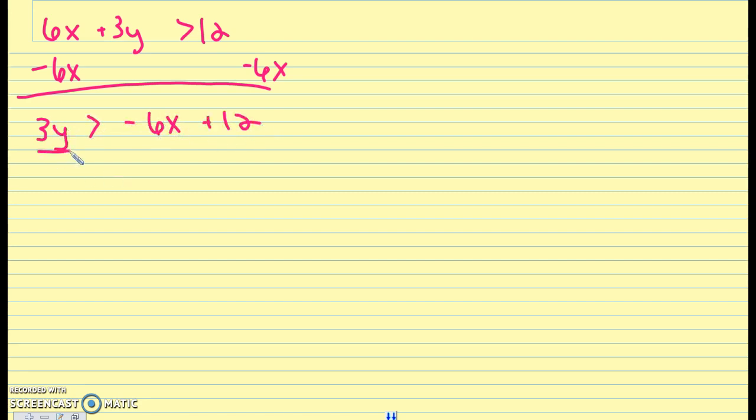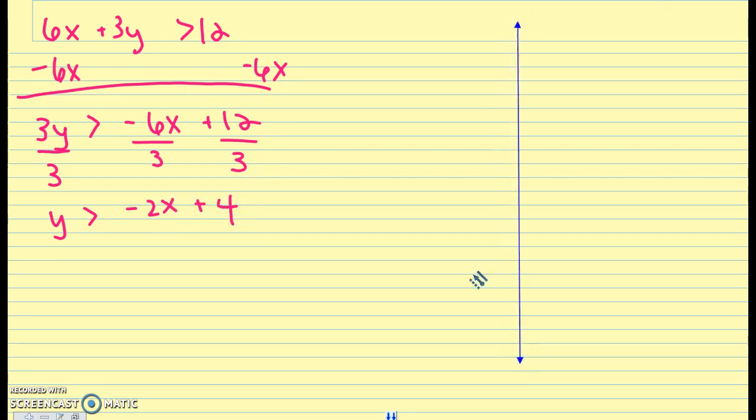Then I want to get y by itself, so I'm going to divide everything by 3. When I do that, I get y is greater than -2x plus 4. I'm going to make myself my coordinate plane. My y-intercept was 4, and my slope was -2.